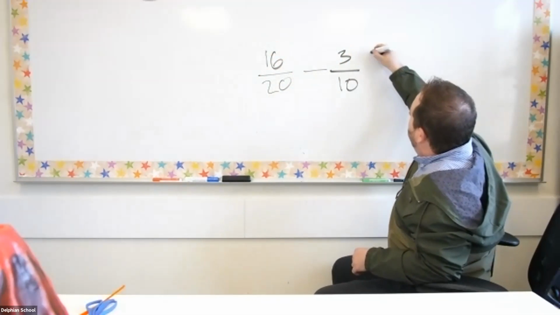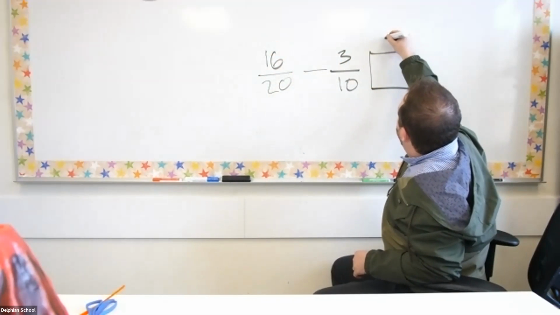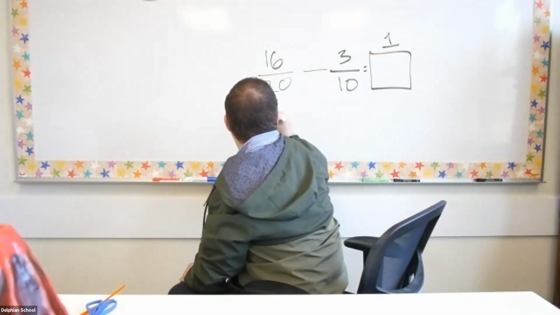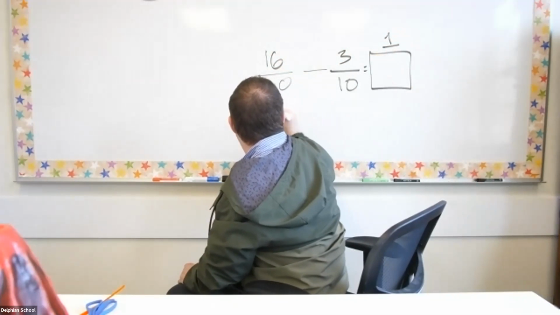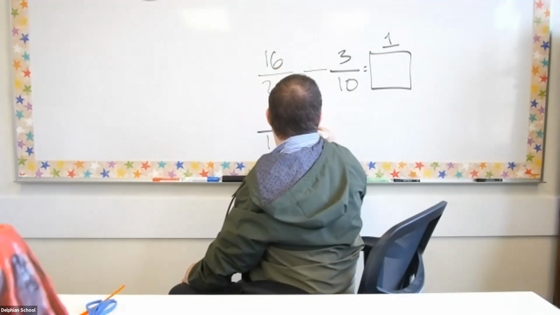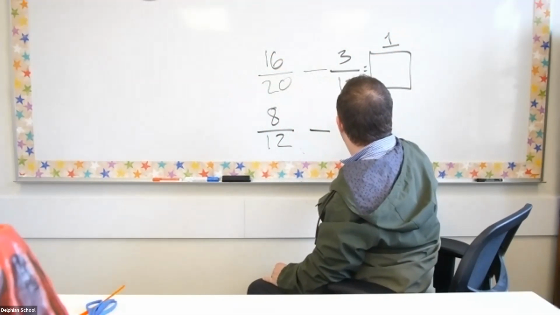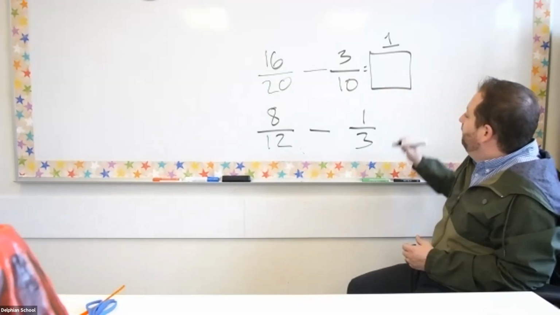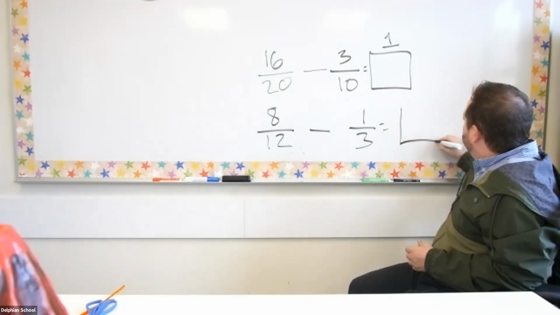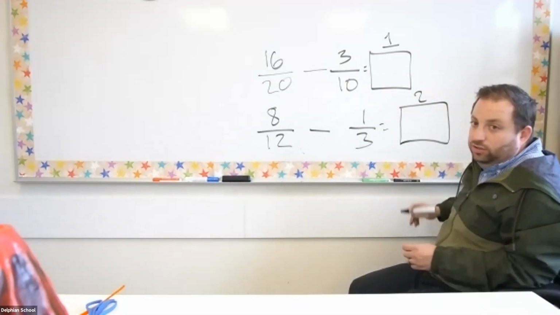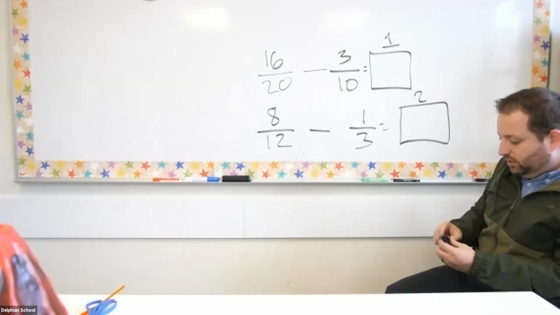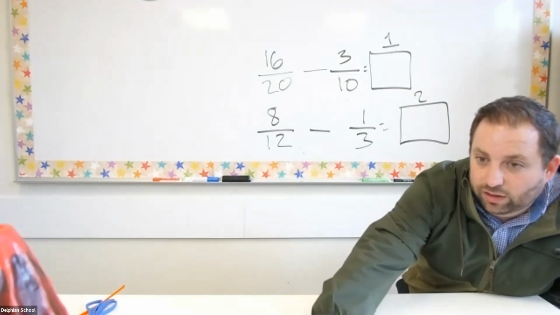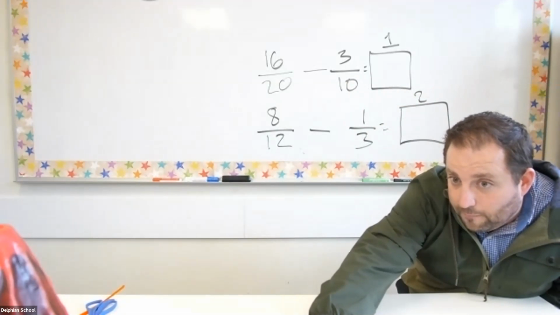That'll be question 1. Then question 2 will be 8/12 minus 1/3. That's question 2. All right, I'm going to be quiet for a second, and I'm going to let you guys work on that. And I'll pull up the question and answer, and we'll read your answers as they come in.